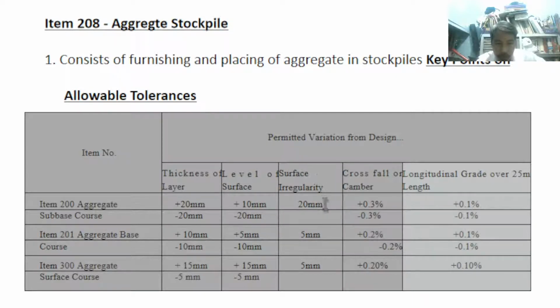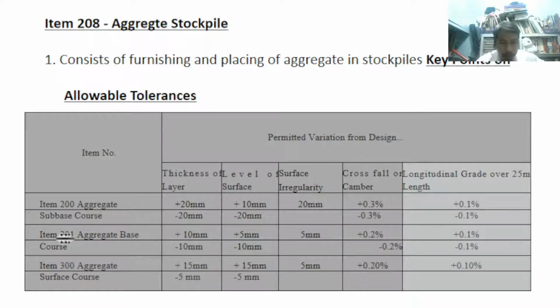Surface irregularity, positive 20 mm. And crossfall or camber, plus minus 0.3%. For longitudinal grade over 25 meters length, plus minus 0.1%. Take note, it is a very precise performance of construction project.